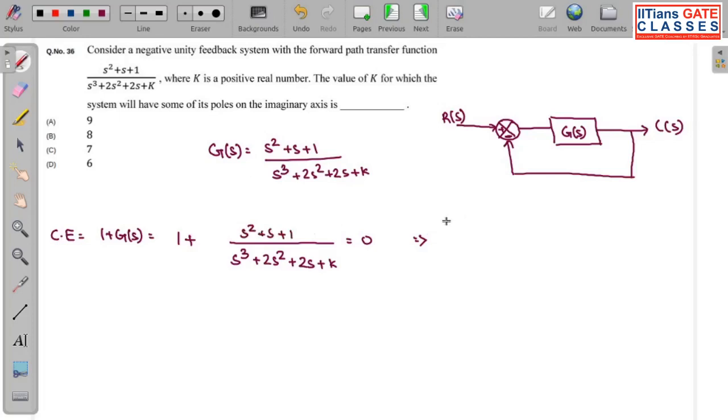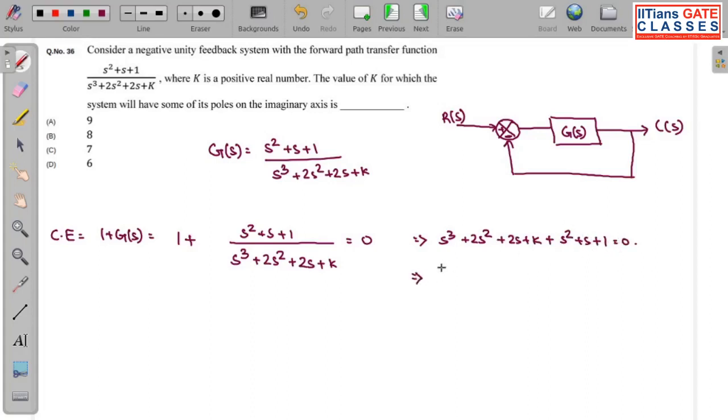So if I solve this, it will be S cube plus 2S square plus 2S plus K plus S square plus S plus 1 equal to 0. This is the characteristic equation I am getting.